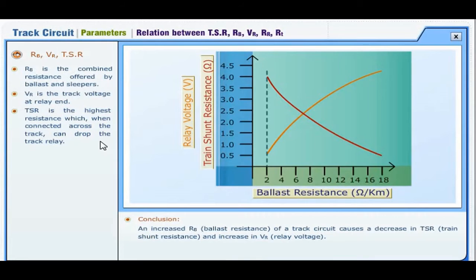From the graph given on screen, we can conclude that an increased RB, ballast resistance, of a track circuit causes a decrease in TSR, train shunt resistance, and increase in VR, relay voltage.